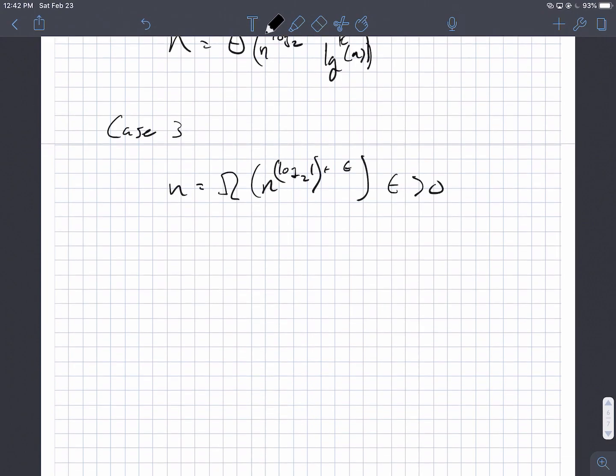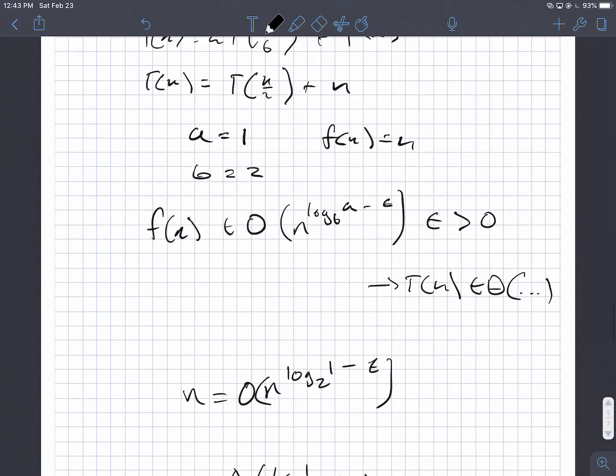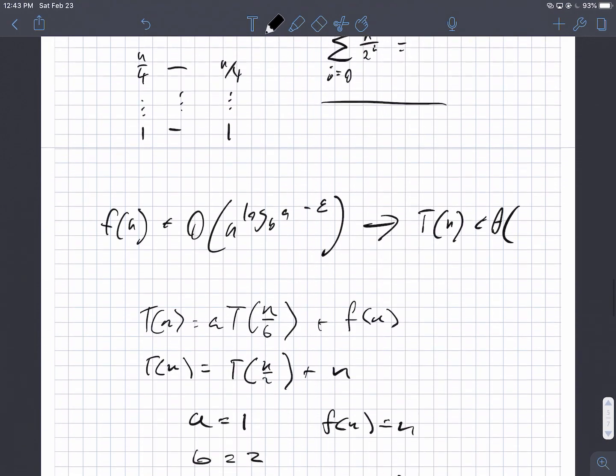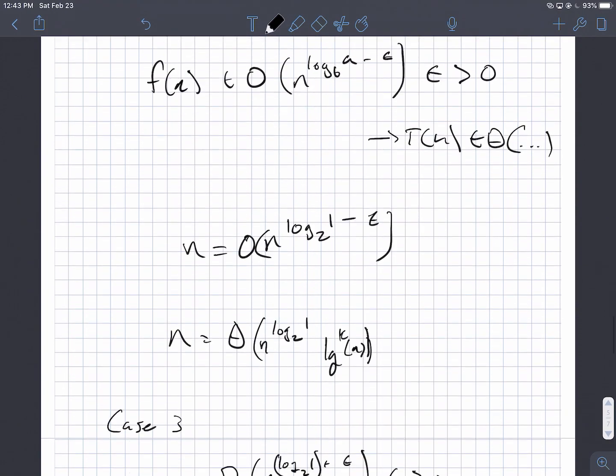So the regularity condition says a times f of n over b is less than or equal to c times f of n, for some constant c less than 1 and a large enough n sub 0. So a in this case is 1 and b is 2.